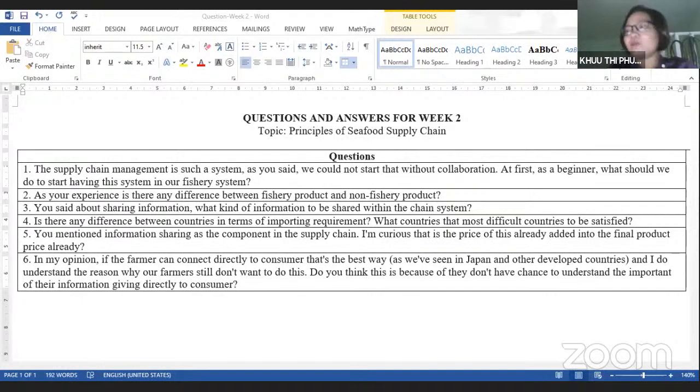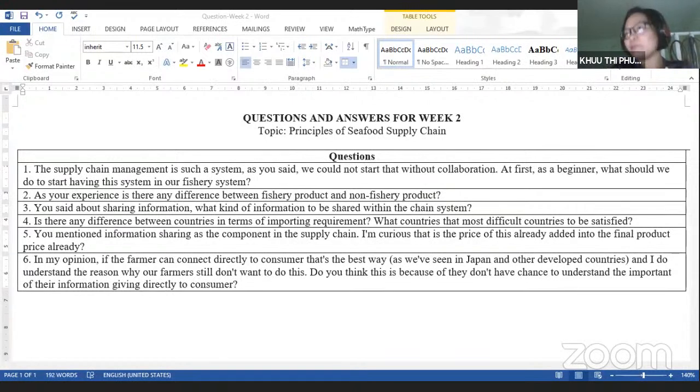From our fishery system, please think about our countries, like Indonesia, or my country, Vietnam. Our fisheries operate on a very small scale. We cannot compare to developed countries like Japan, Canada, or Australia.